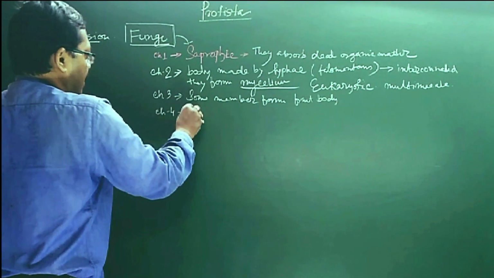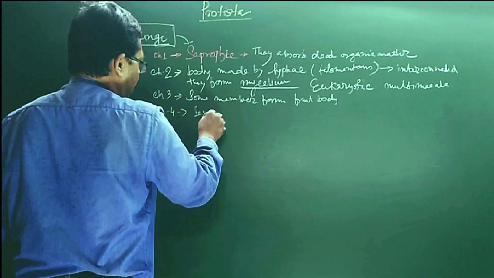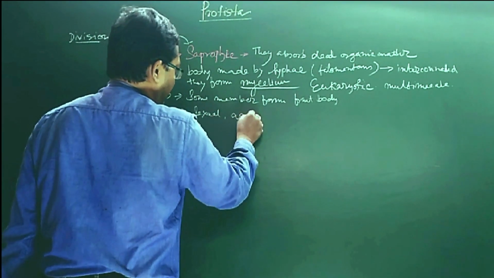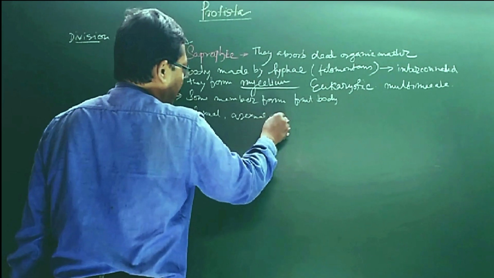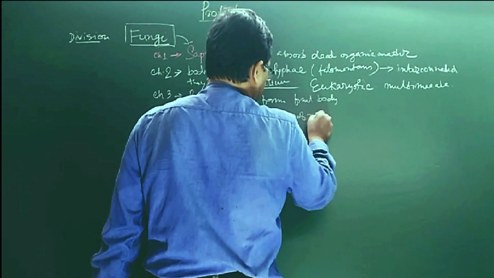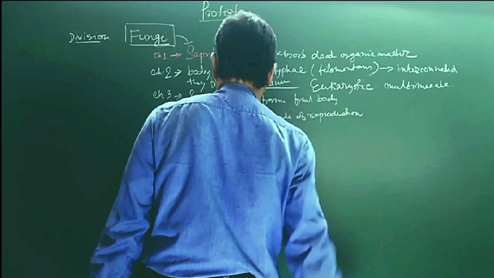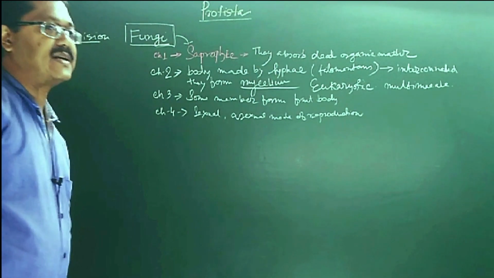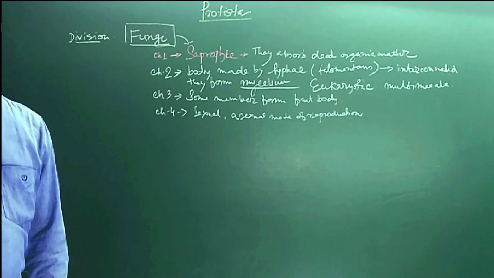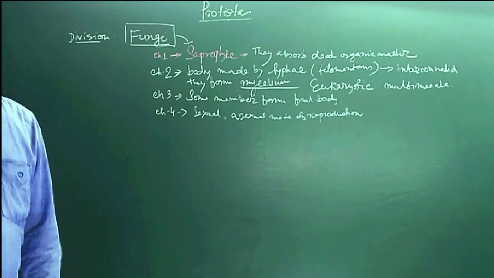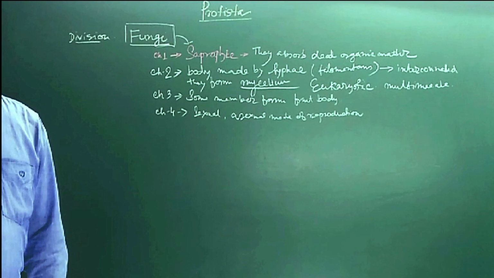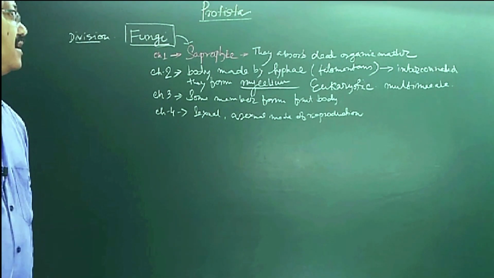Character number 4, sexual and asexual modes of reproduction are found. Some fungi do not have a specific sexual stage, and these are grouped into a special group.